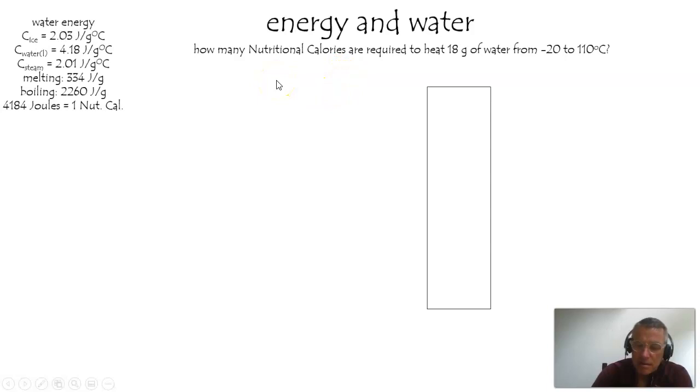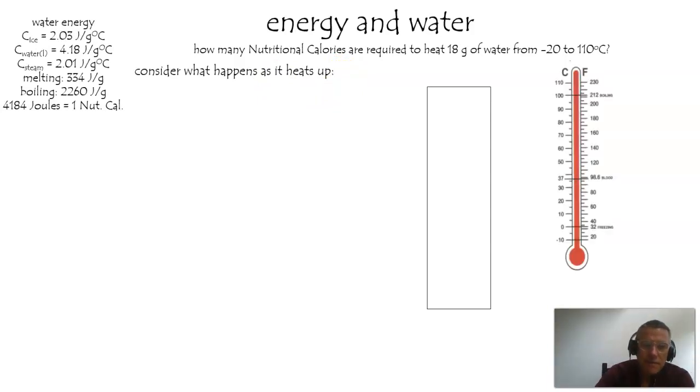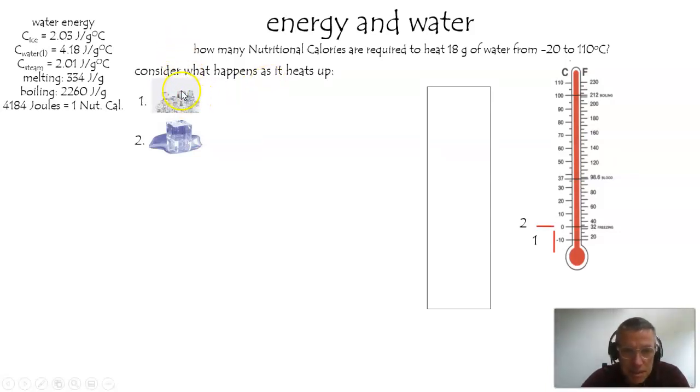If you think about it, there's 5 steps involved. First, it has to go from that ice which is cold to the ice which is at 0 degrees. It has to get up to its melting point. Not all ice is at 0 degrees. Ice at the North Pole might be minus 70 degrees Celsius, right? Some crazy number. And then once it's at its melting point, it's going to melt.